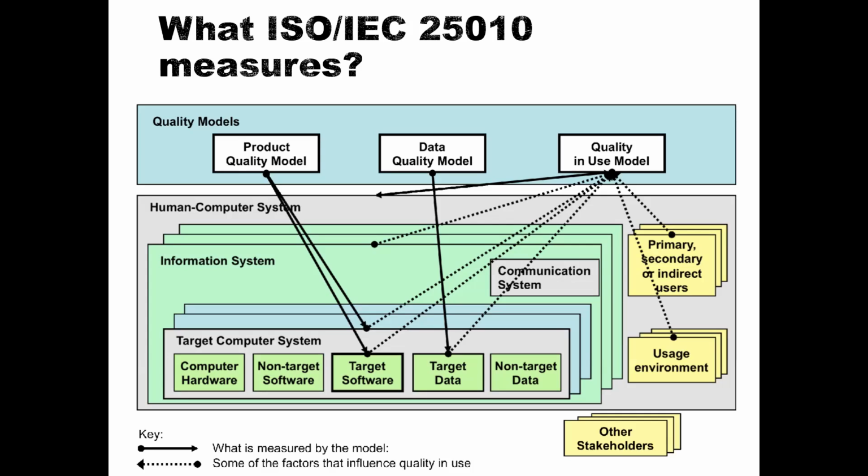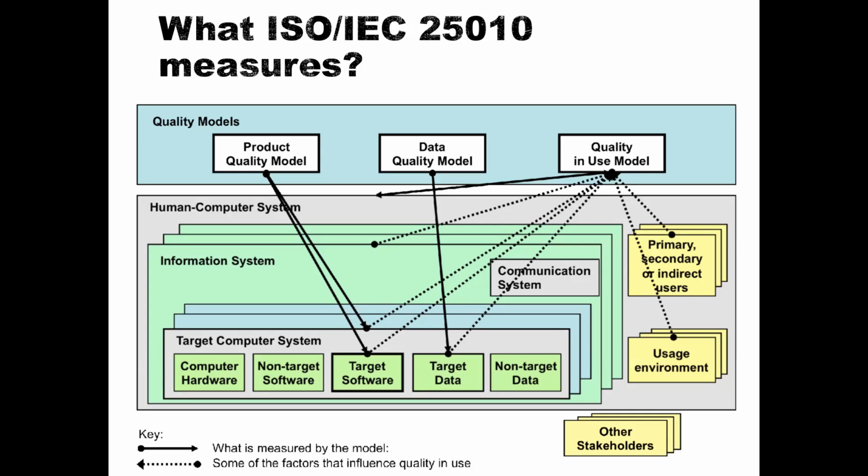And if you see the quality in use model, it is going to target the whole human computer system, the relation between the computer and the human system. So the whole system and the interaction with the human is going to be measured by the quality in use model. However, there are different factors which are going to influence the quality in use model.